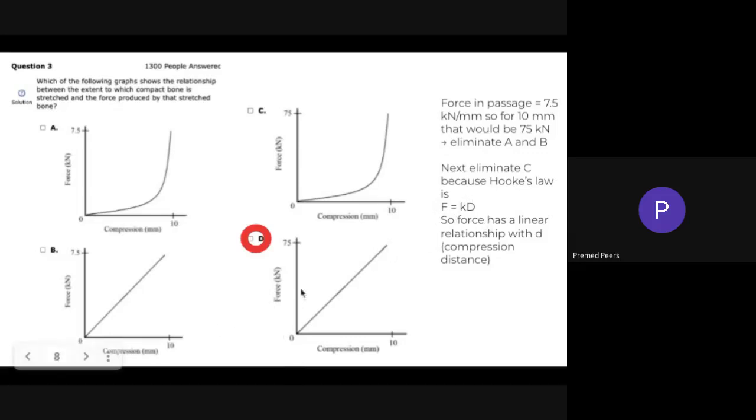So force should be directly proportional to compression distance, which means that this shape should be a line, because in reference to the graph, K represents the slope and K is a constant. So slope is a constant, which will give you a line rather than a curve. Okay, perfect.